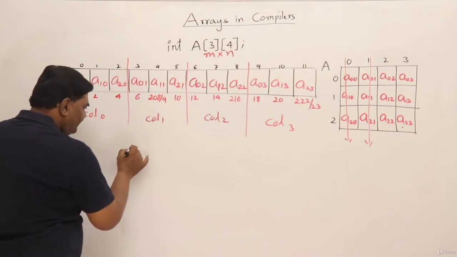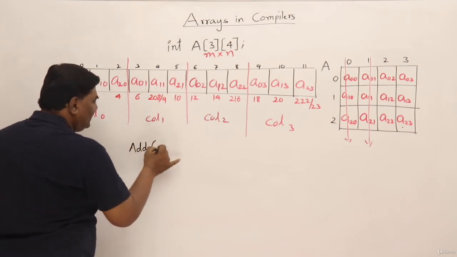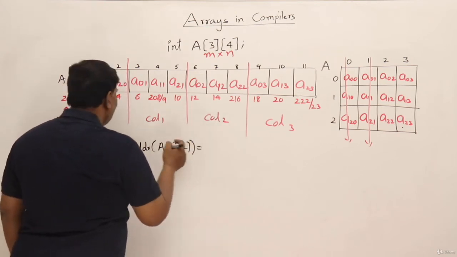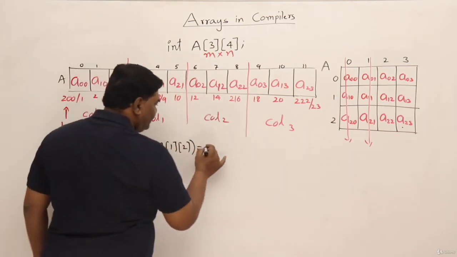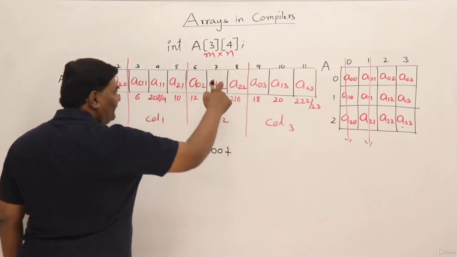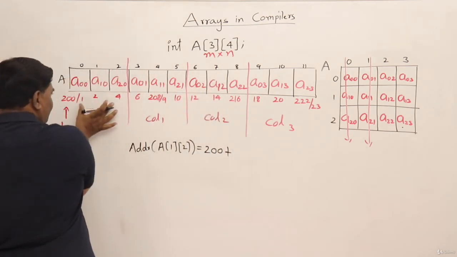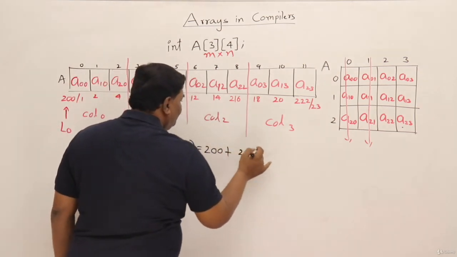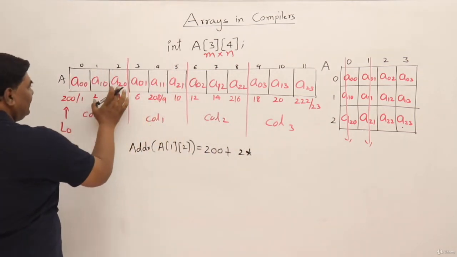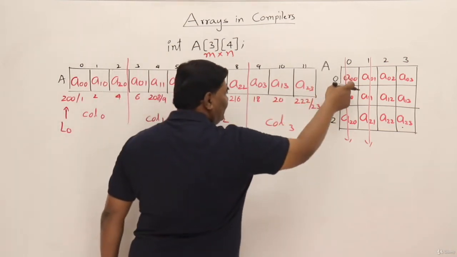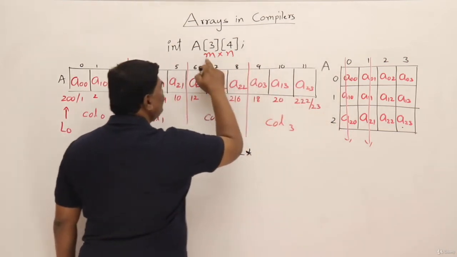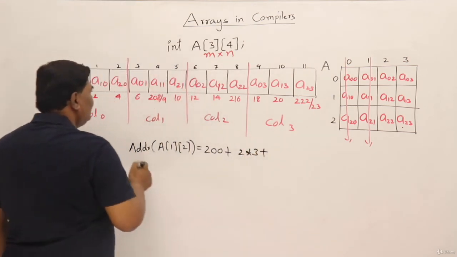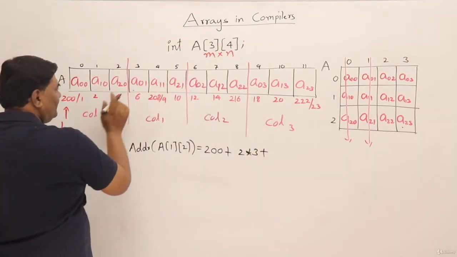So the address of A[1][2]: this is the base address, that is 200, plus. Now for reaching this element, I should skip the first column and the second column. 2 columns I should skip. So 2 into, how many elements are there in each column? 1, 2, 3. So columns have 3 elements, equal to the number of rows, M, that is 3. So 3, then plus. Once I have skipped column 0, I am here.